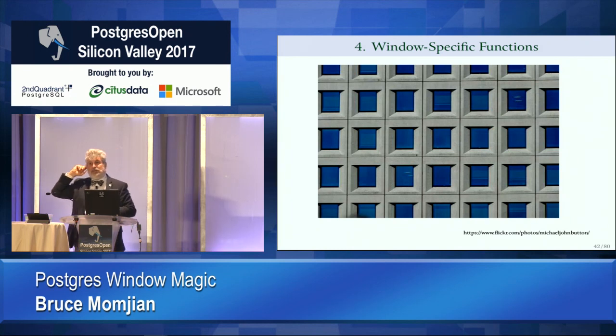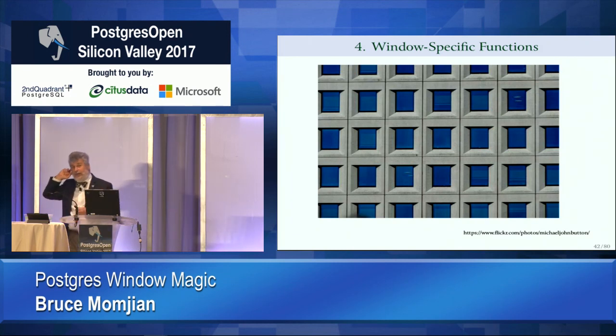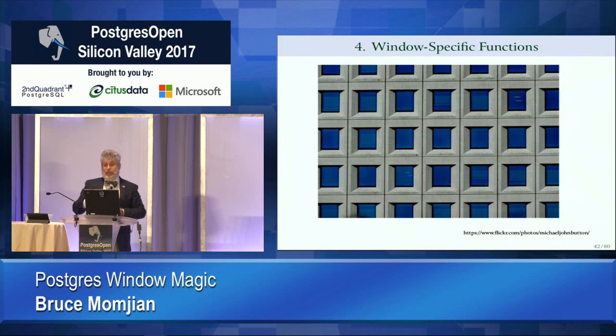So the question is, is there clear documentation on what the defaults are? In fact, there's very clear documentation on what the defaults are. And also, this is a concept we're going to talk about later, but there are some window functions that behave on frames, and some window functions that behave on partitions.